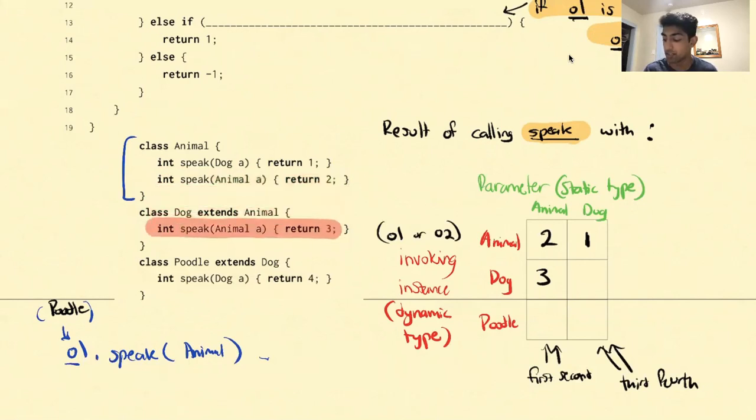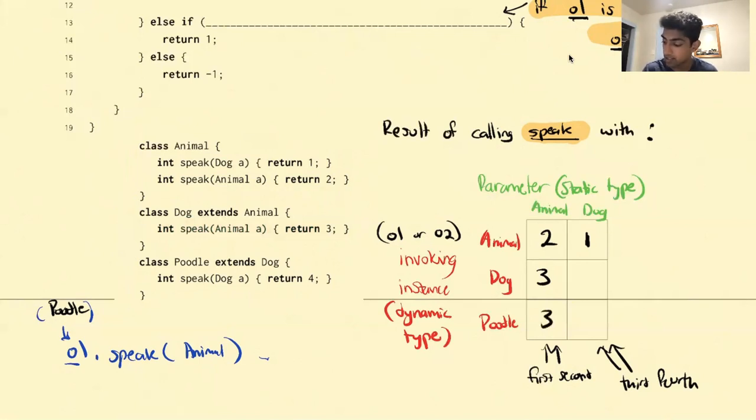Since poodle extends dog, we can still use the speak animal method in the dog class, okay? Because in dynamic method selection we go to the dynamic type class, and then we keep iterating upwards until we find a method signature that matches the one we're looking for, or we get back to our static type's class, right? So in this case, this will also be 3.